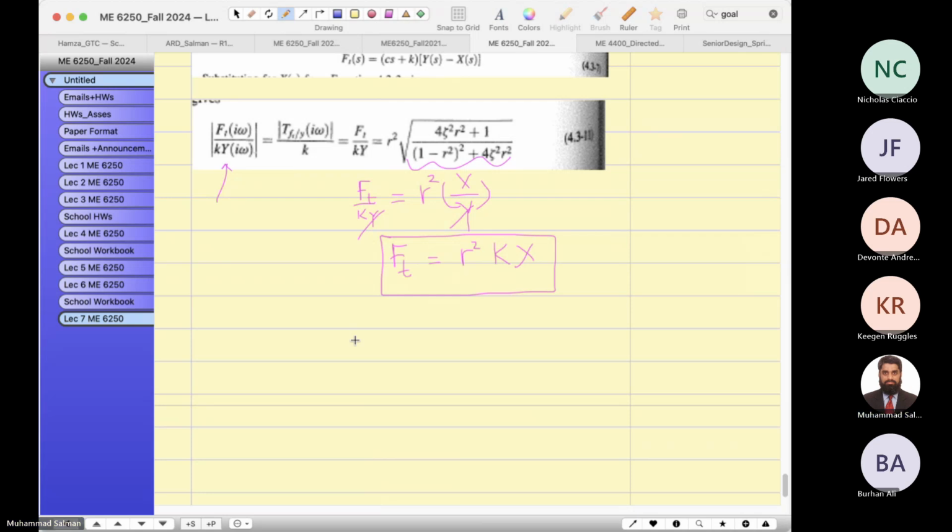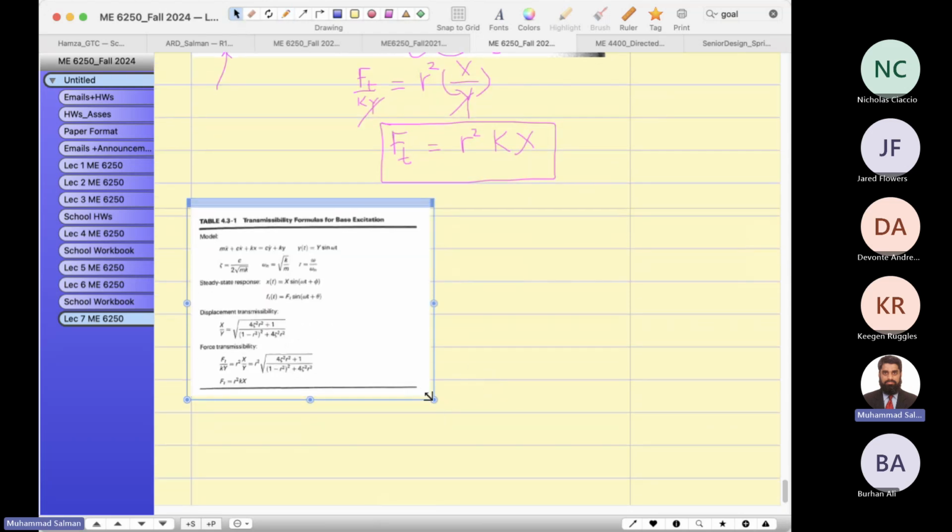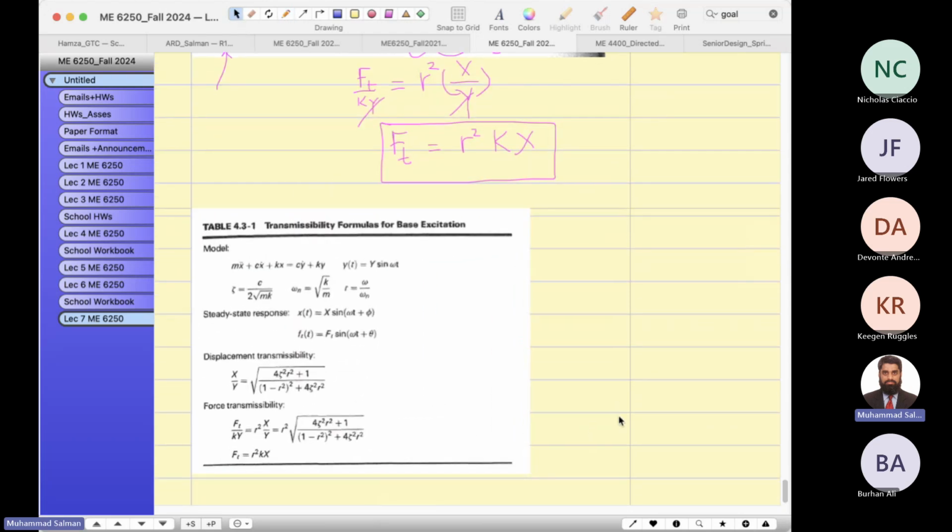I want to share with you the table of formulas. This is important, you might solve a lot of problems using this table.